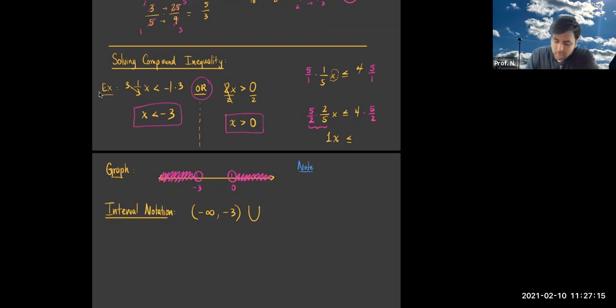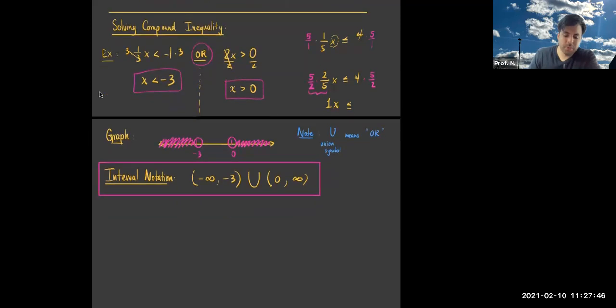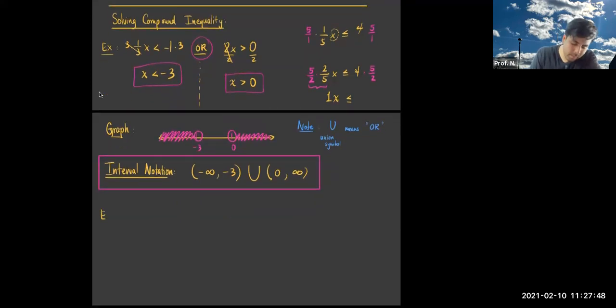Note, the union symbol means or. So that what we're saying is the interval notation is -infinity to -3 or 0 to infinity. Okay. So that's how we're going to approach these inequalities now.